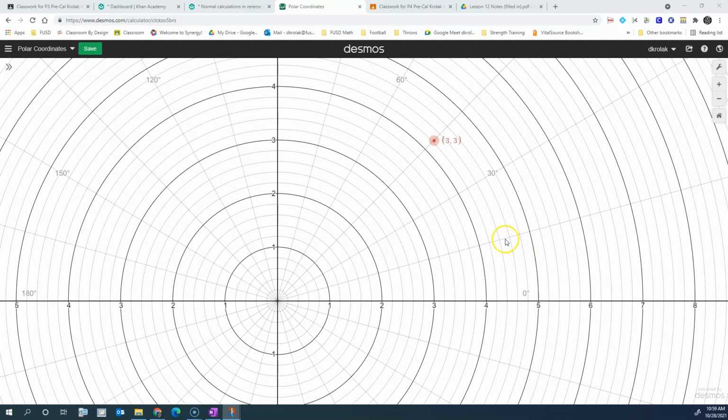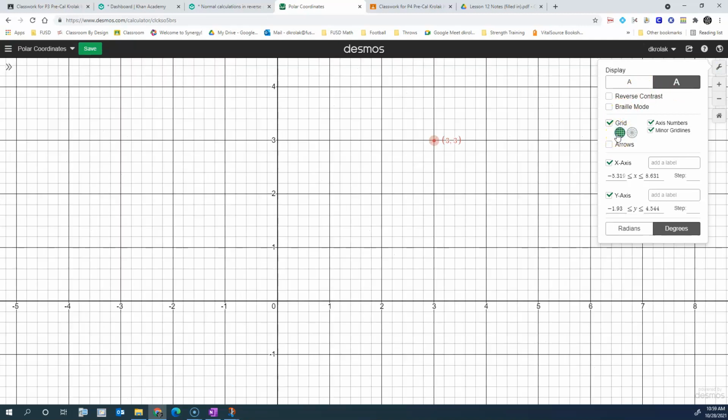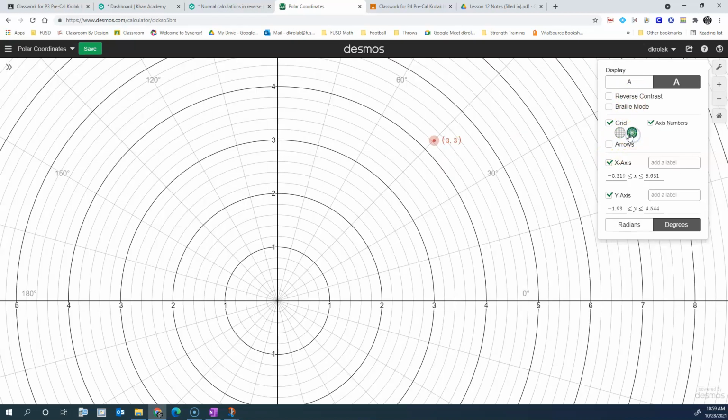So this uses an angle and a radius, and the previous one uses an x and a y coordinate. Come on, catch up. This is called rectangular form, and this is called polar form.